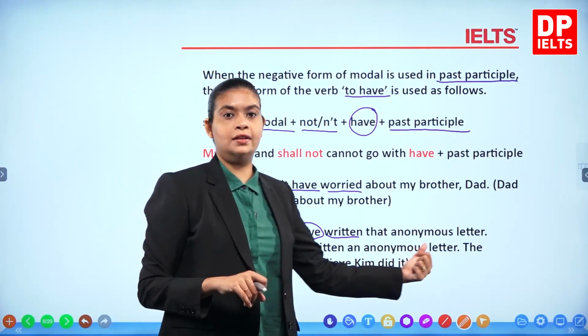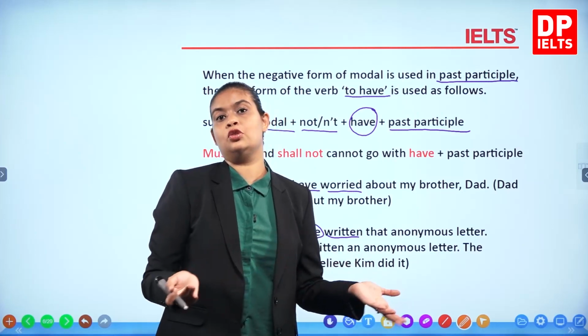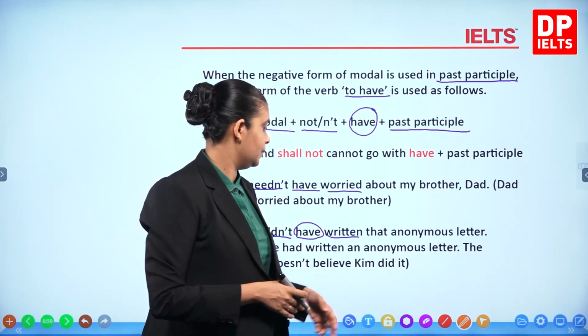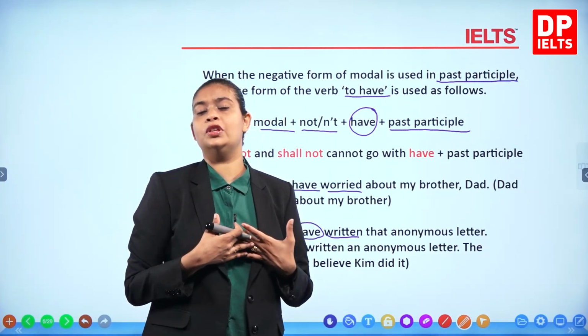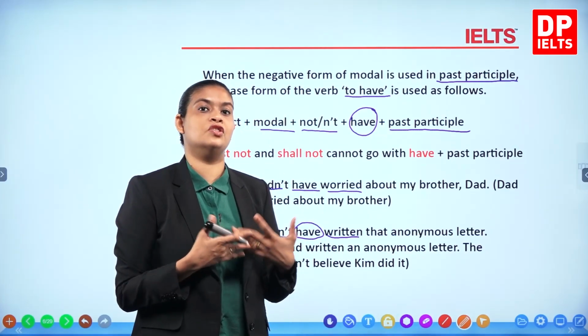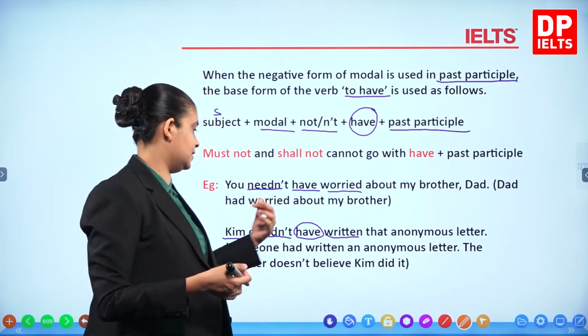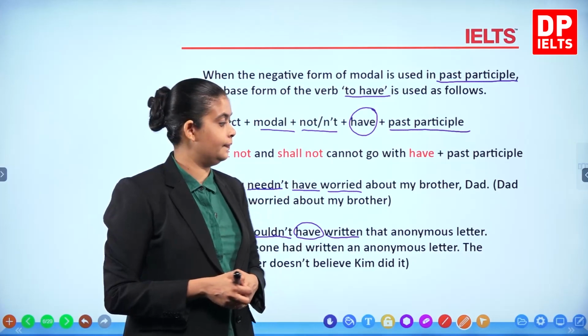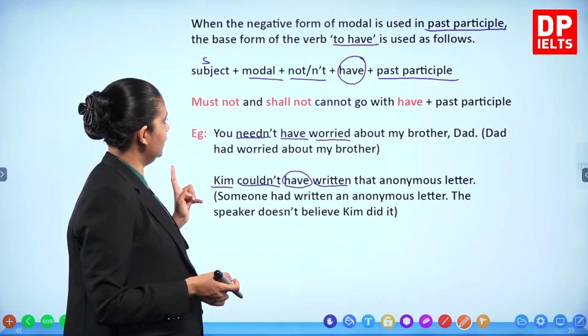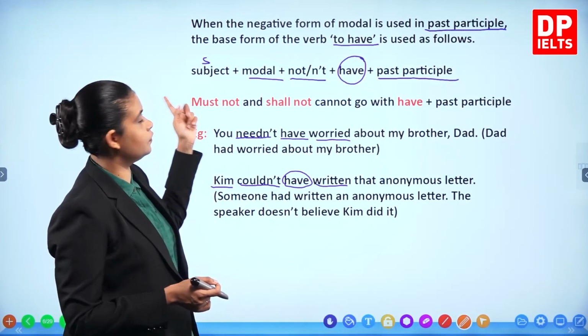Someone had written an anonymous letter. It means there's no name. We don't know who wrote it. The speaker doesn't believe Kim did it. So, basically, when the speaker does not believe in that action, they can say, Kim couldn't have written that anonymous letter. Okay? Right.